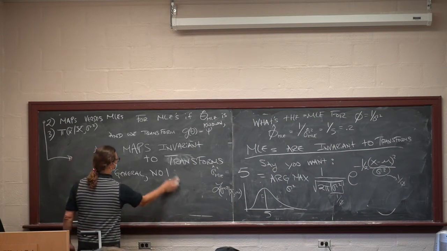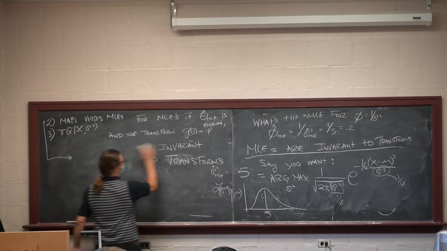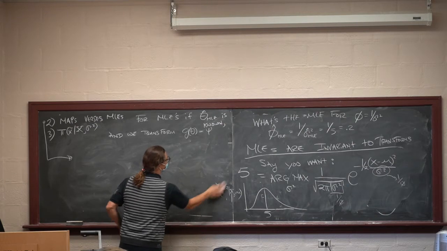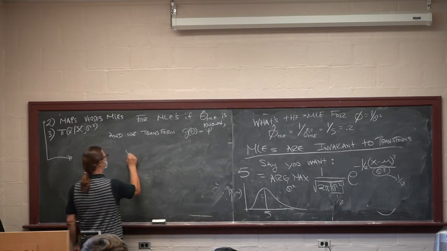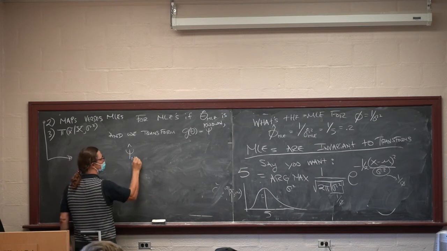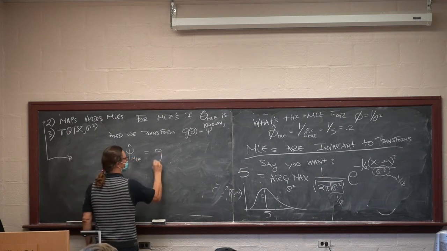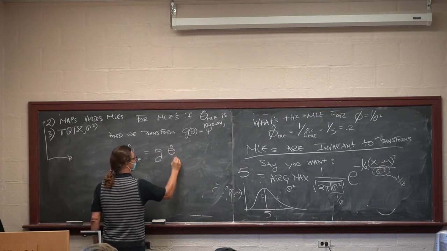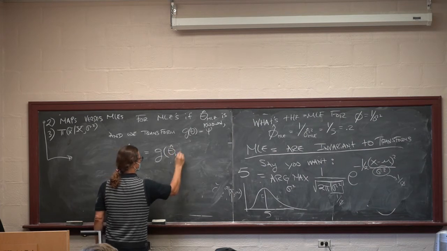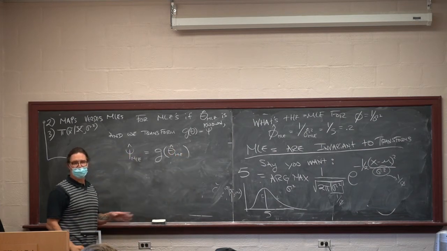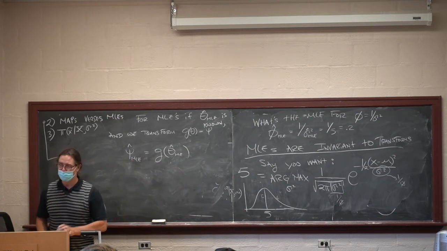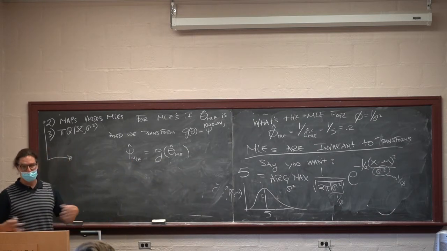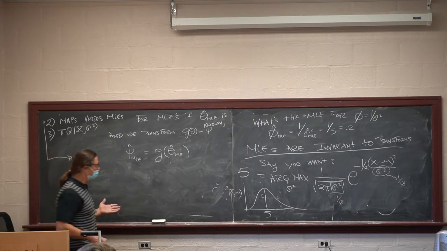Then if I wanted to find the maximum for this thing, it's pretty easy to do. So psi hat MLE is going to be equal to g of theta hat MLE. It does not matter if it's a one-to-one function or anything like that. You just plug it straight in, and that will maximize that. If you didn't know that about maximums of just arbitrary functions, that's okay.